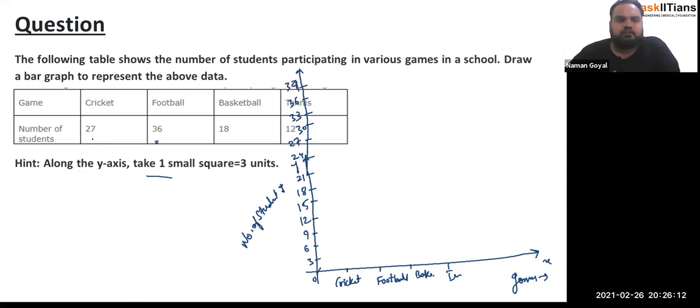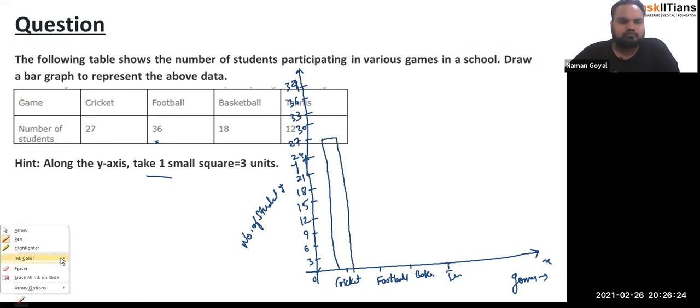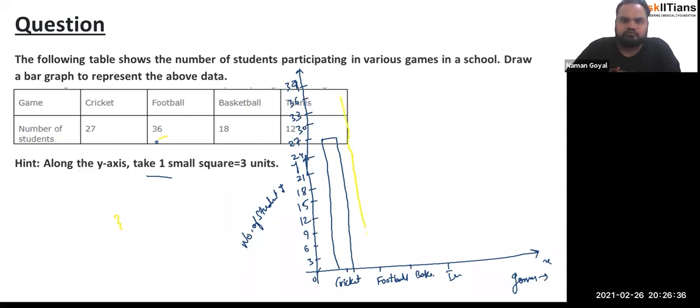Now for cricket we have to draw a bar for 27. So it's like this. Now for football we have to draw a bar for 36, like this.